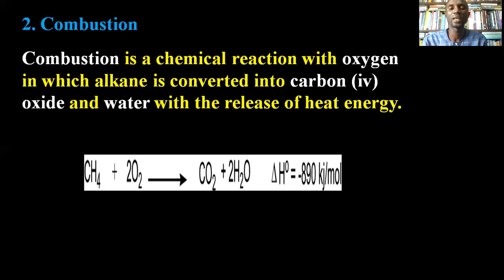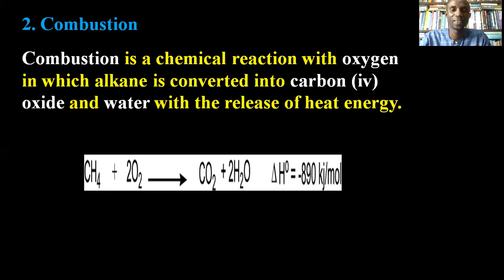Now, hear this. Not only alkanes, but hydrocarbons, when they undergo complete combustion, will produce carbon dioxide and water. Either it is propane, or butane, even unsaturated hydrocarbon. If anyone undergoes complete combustion, it will produce carbon dioxide and water.